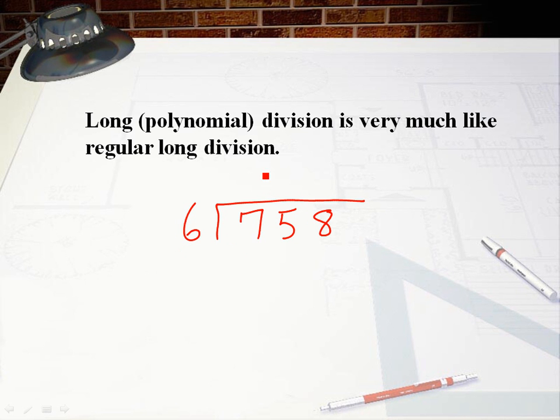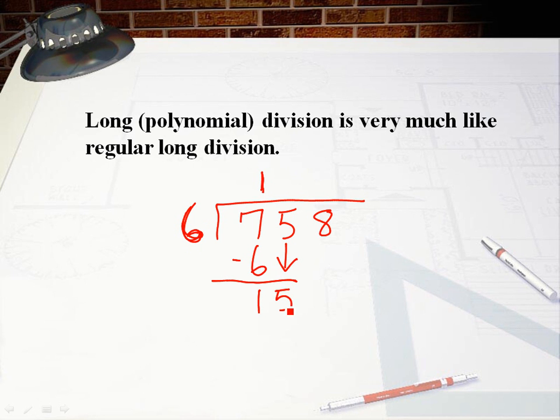That's 1 time, and then we'll multiply this 1 times everything over here, which is 6. That gives us 6. And then what do we do? We subtract, bring down the difference, and then bring down the next number, 5. Then we start back over.